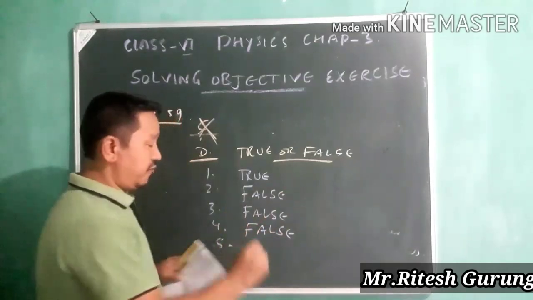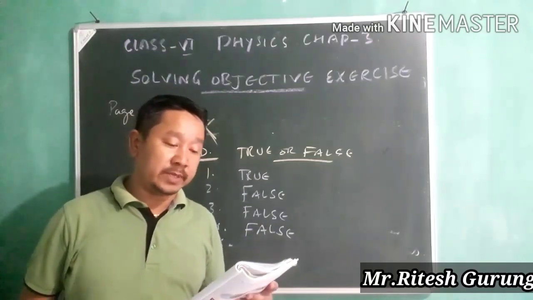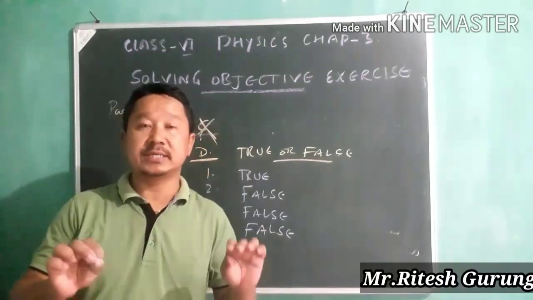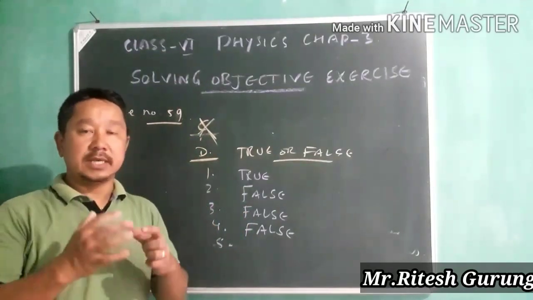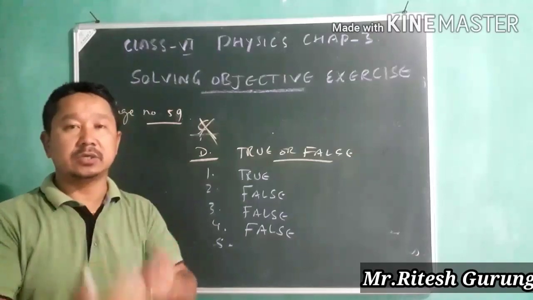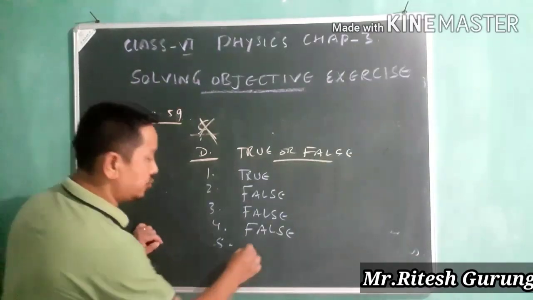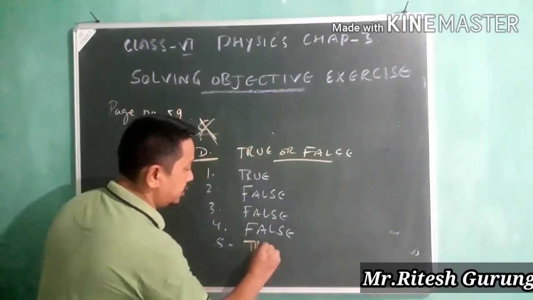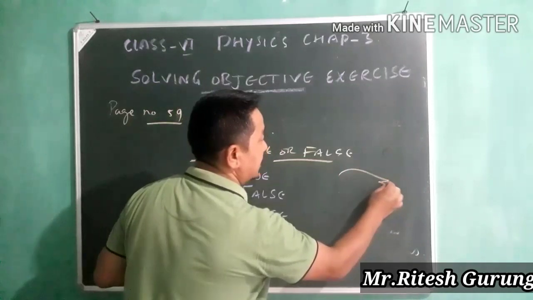Alright. And number 5. Friction can be reduced by streamlining the body of the moving object. So friction can be reduced by making the body of the object in a streamlined fashion. That is true. You see the shape of a fish. I had done this last time also.